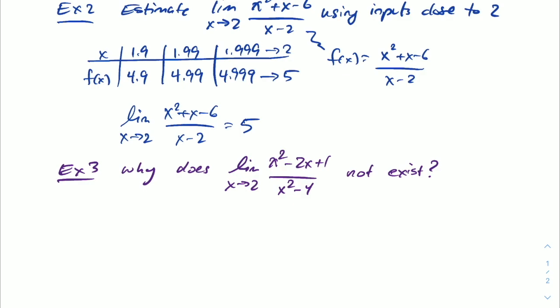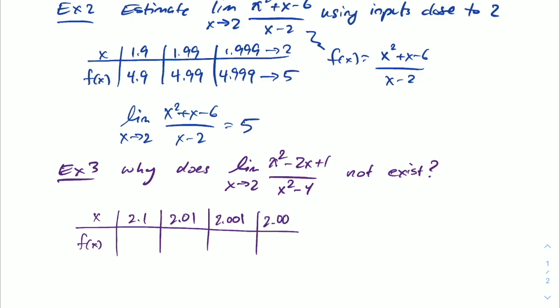We're going to do something similar to what we did in the last problem. We're going to put in values that are close to 2. This time I'm going to do values that are close to 2 but bigger than 2. So 2.1, 2.01, 2.001, and 2.0001. If you put in 1.99, you'd see something similar.